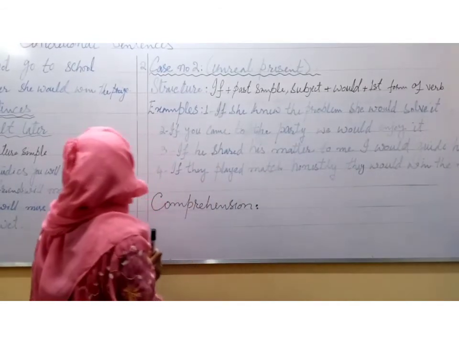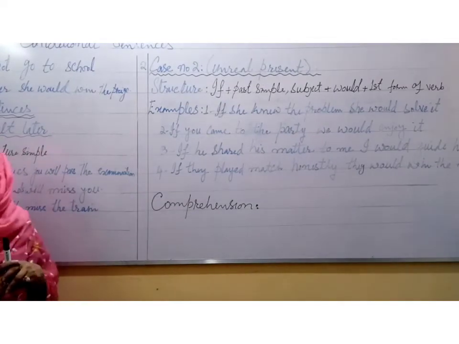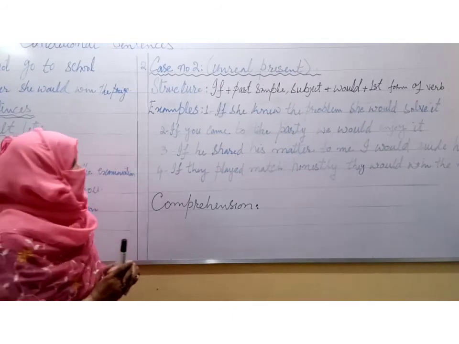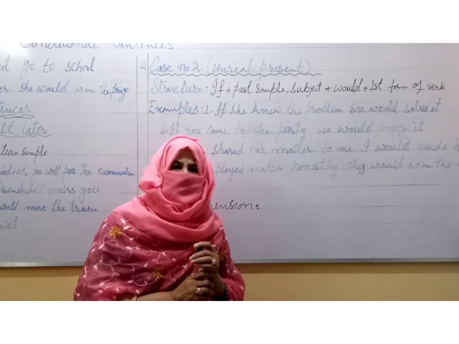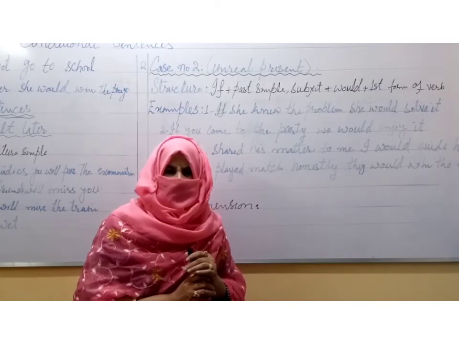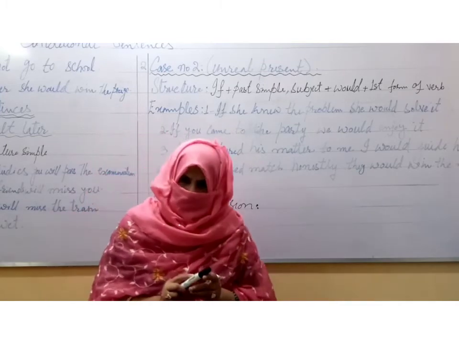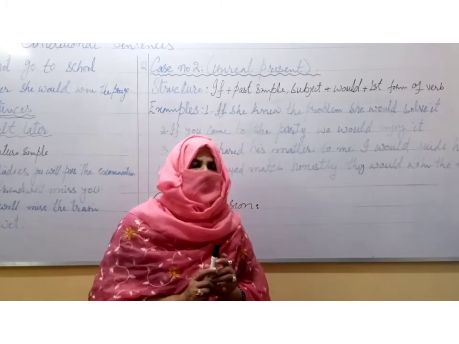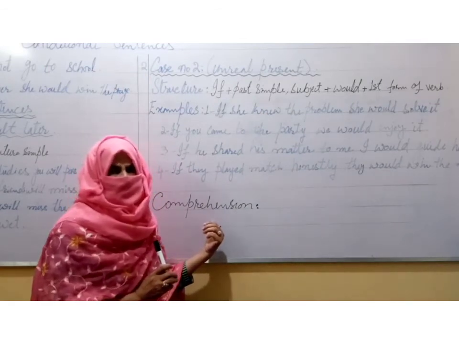So, in this way, you can make conditional sentences of case number 1 and case number 2. The conditional sentences exercise, that is translation, is given in the PDF. You have to translate all sentences yourself.